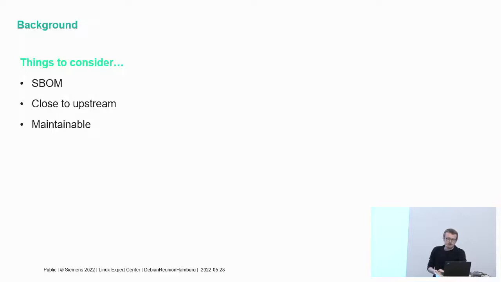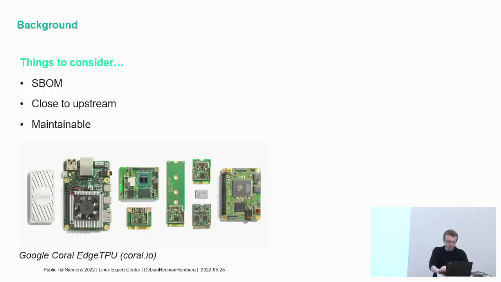Then we want to have things maintainable, and that means we want to be as close as possible to upstream. We also want to upstream the things we fixed there, because we do not want to have a fork and maintain that fork forever, but instead we really want to work together with the community so that we all profit from the work we did there.